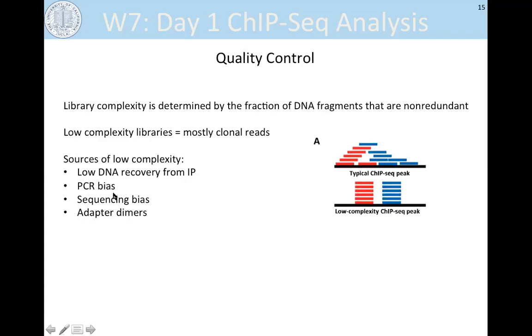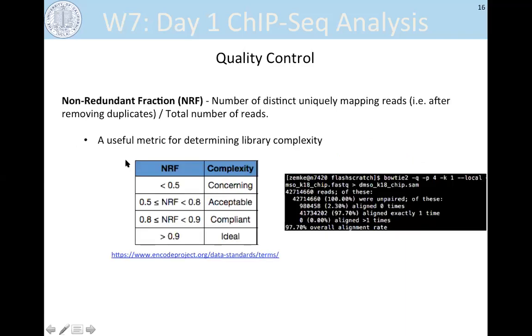PCR bias, of course, sequencing bias, if you had the same fragments being over-amplified or over-sequenced, and adapter dimers. If you have the incorrect molar ratio of adapters to fragments, then the adapters will ligate, and you'll have too many of those contaminating your libraries.